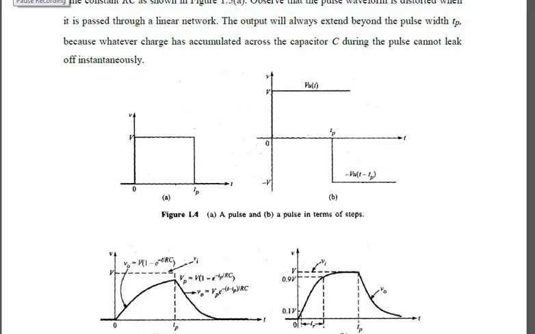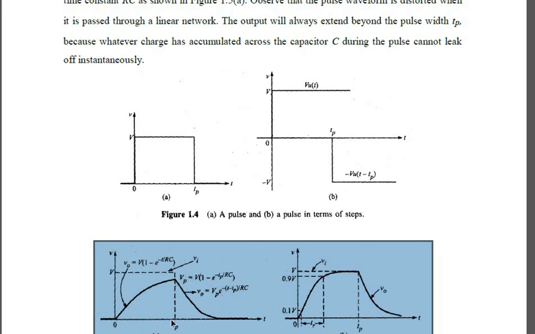Now listen to this point. What we are saying over here is that the output will always extend beyond the pulse width TP. Yes or no? This is the pulse width TP of your pulse input voltage, and the output voltage you are getting here is always beyond the pulse width TP. Why are we getting this?